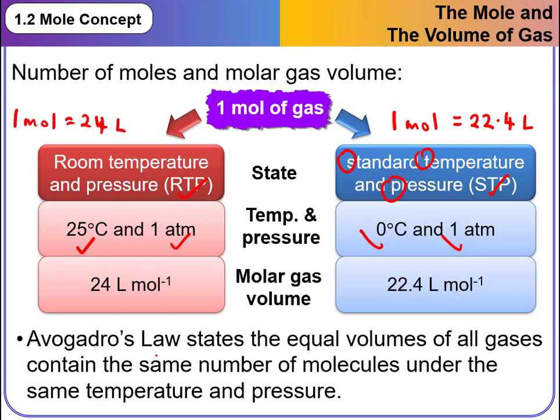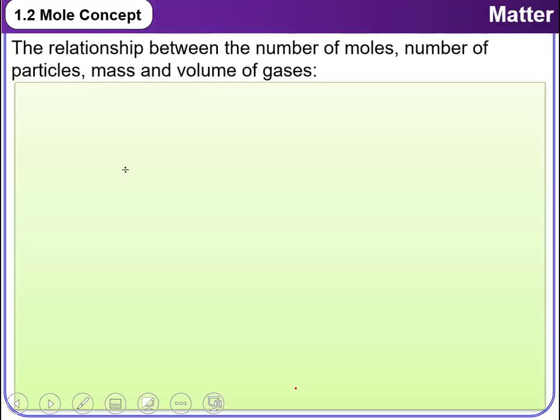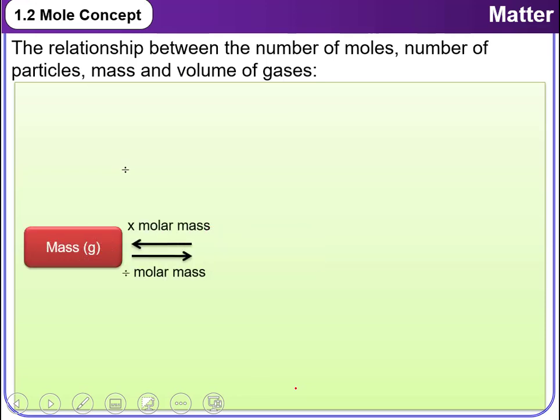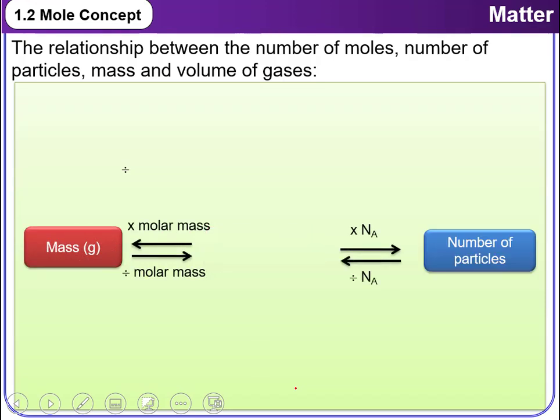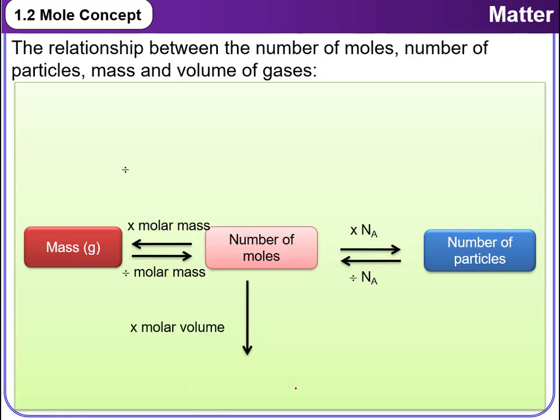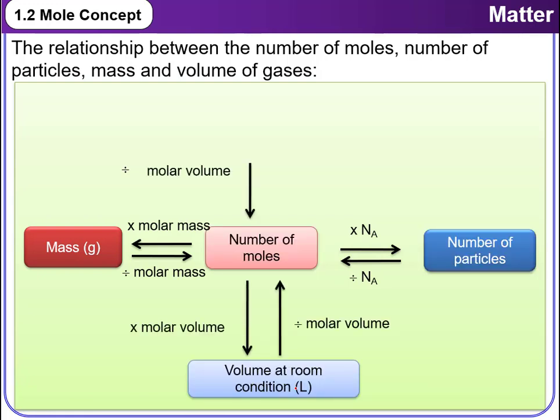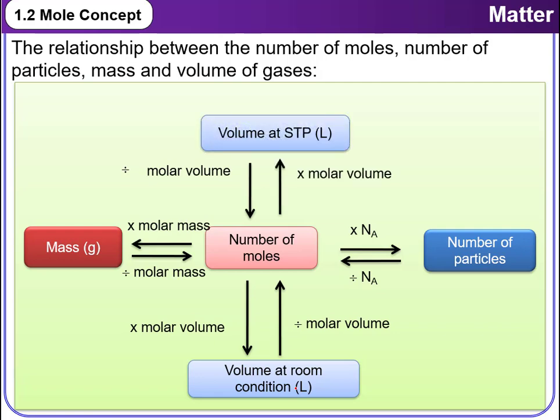Avogadro's law states that equal volumes of all gases contain the same number of molecules under the same temperature and pressure. This is the interconversion between the mole, the mass, the number of particles, the volume of the gas at STP, and also the volume at room condition.